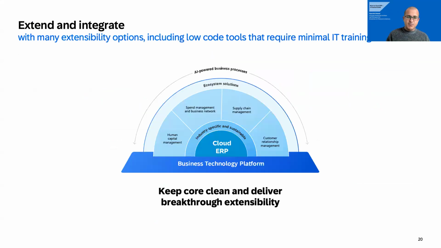Then we have a very important concept within public cloud, which is extension and integration. As many of you who might have worked on ECC know, we have the traditional ABAP way of building anything that we wanted as part of the ECC ABAP stack. That has slowly been going away now, with ABAP Cloud.